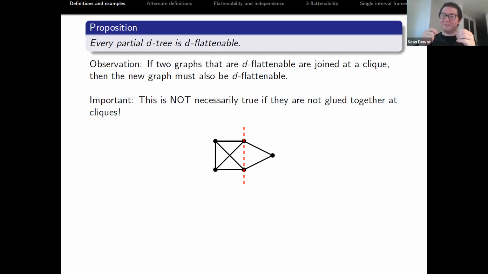Now, the reasoning for this is, if you imagine two graphs glued at a clique, say two vertices like so, there's no edge here, there's no edge here, and we glue them together. Now, if there's a clique, which in this case will be a line, when we flatten it out, we flatten out this part, we flatten out this part, and this edge stops these two vertices from moving apart.